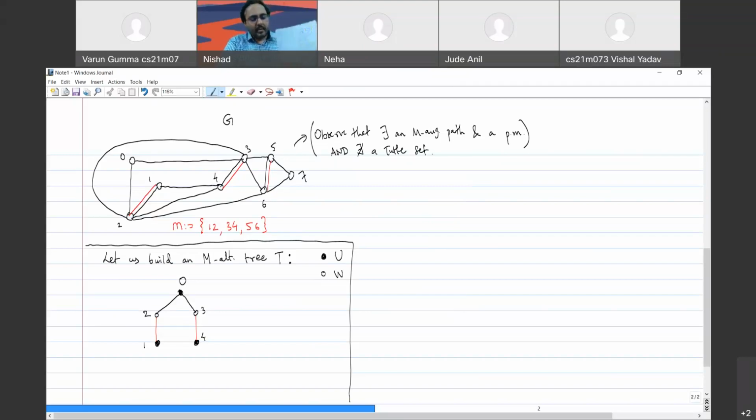Okay. So at this point, the U vertices do not have any neighbors outside the tree vertices.